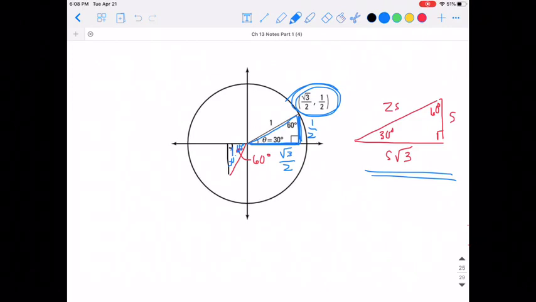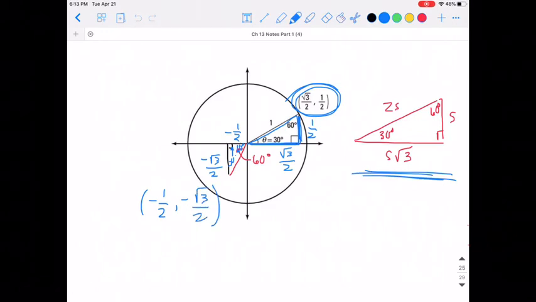Across from the 30-degree angle is going to be negative 1/2 because we're moving onto the negative part of our x-axis, and across from the 60-degree angle is negative radical 3 over 2. So the coordinate pair here is going to be negative 1/2, negative radical 3 over 2. So again, we can use these rules to figure out the sine and the cosine of any angles that are a multiple of 30 degrees.